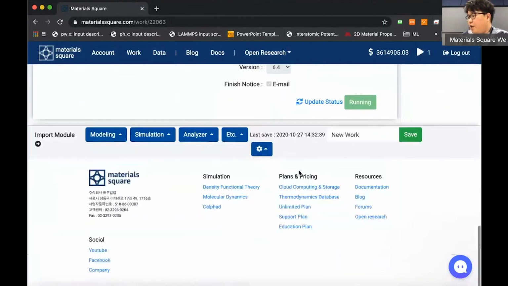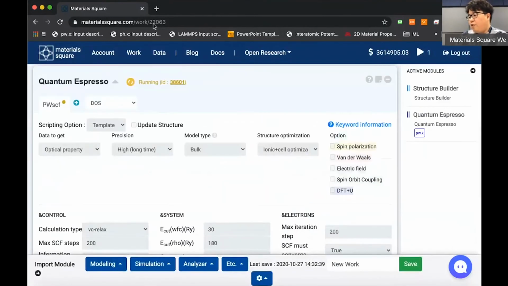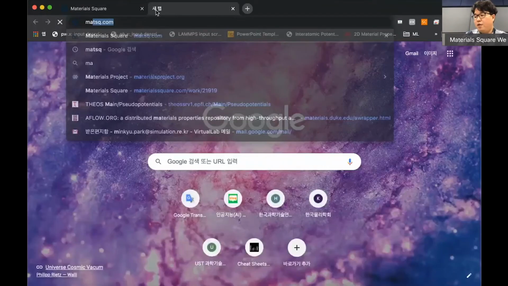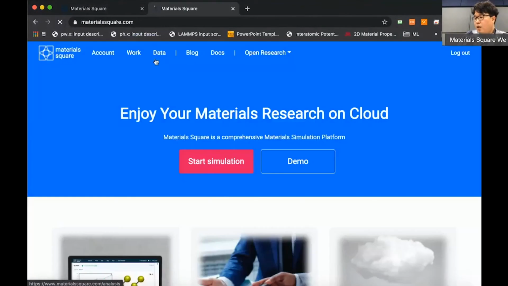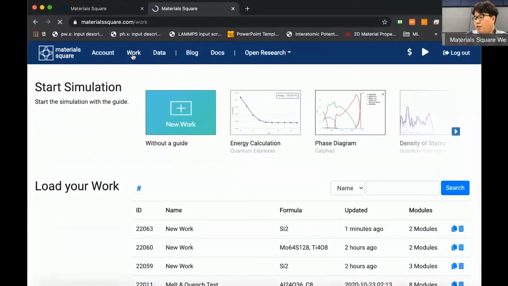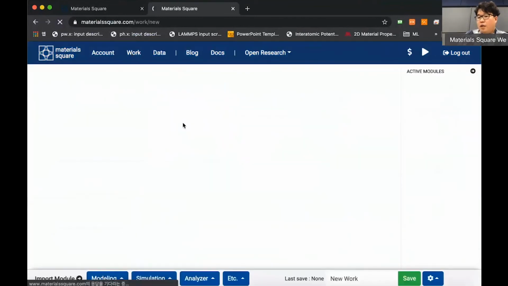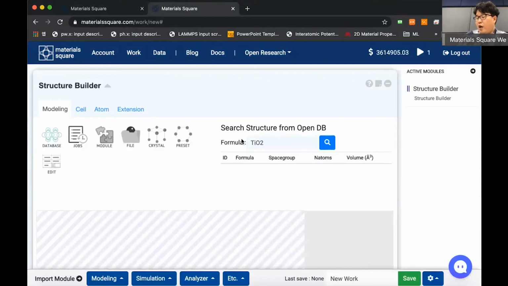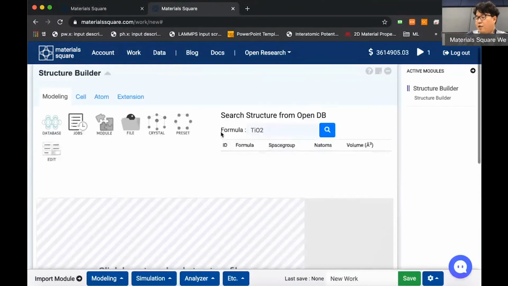It takes a few minutes, so I want to introduce more features in MatSQ here. Sorry, this is work. Some of you are interested in some special system, but it's actually very hard to get a structure from a website or some database. So we prefer the open database for structure searching.